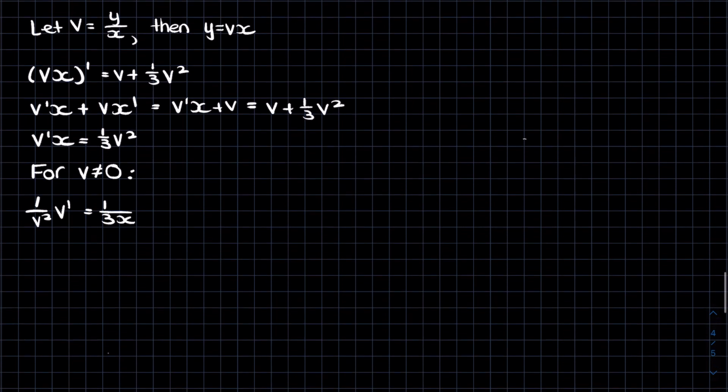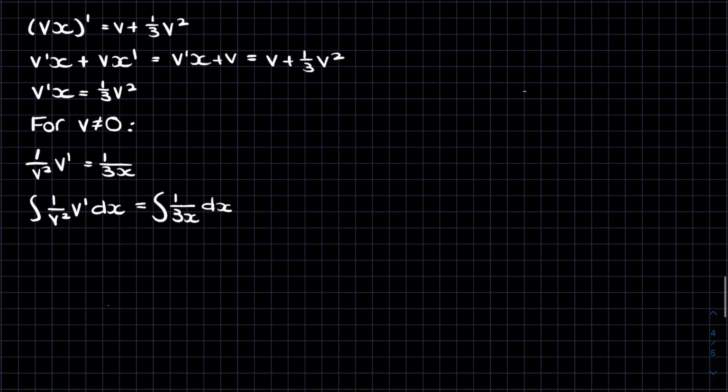Now we can integrate both sides, and that will give us the integral of 1 over v squared v prime dx equals the integral of 1 over 3x dx. And this just gives us minus 1 over v equals 1 over 3, the natural logarithm of the absolute value of x plus c.